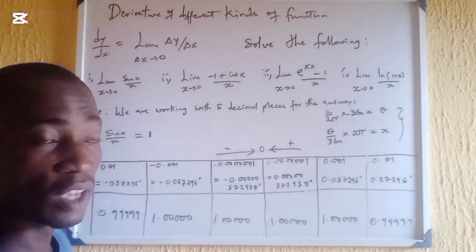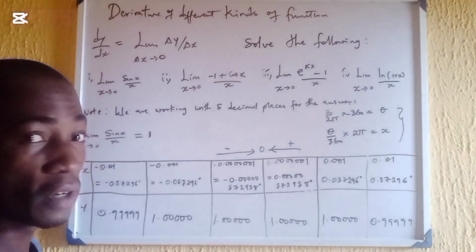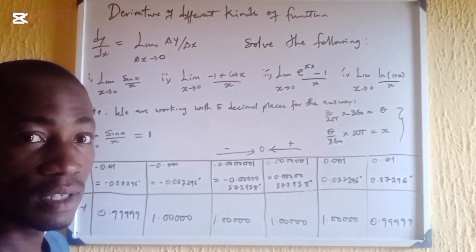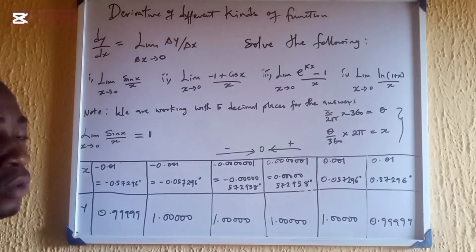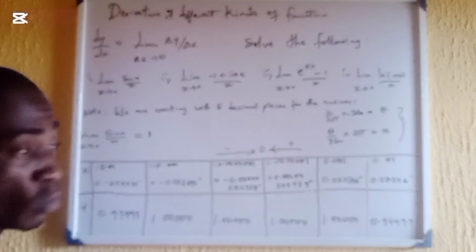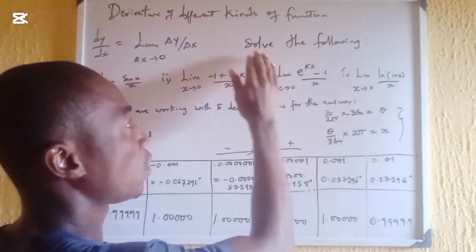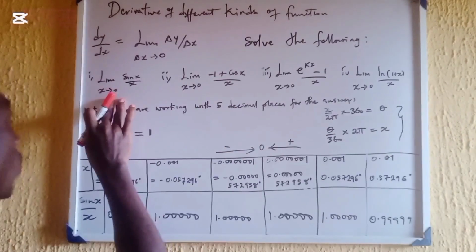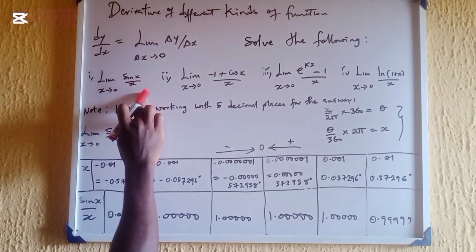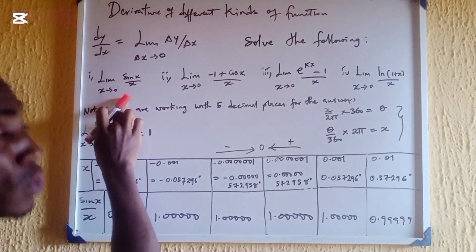And for us to be able to get the derivative of different kinds of function, that's for the basics, for the fundamentals, we want to get the limit of some of the functions we'll be needing as x tends to 0. So here we have solved the following, and the first one we have is limit of sin x over x as x tends to 0.